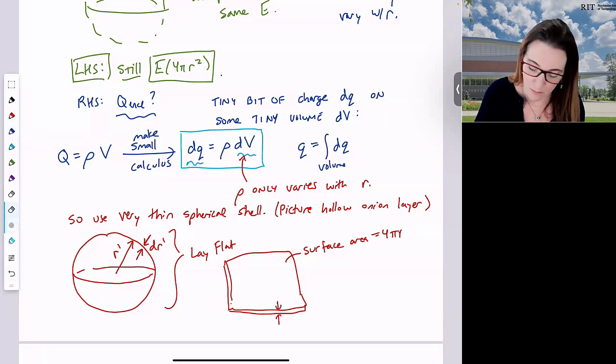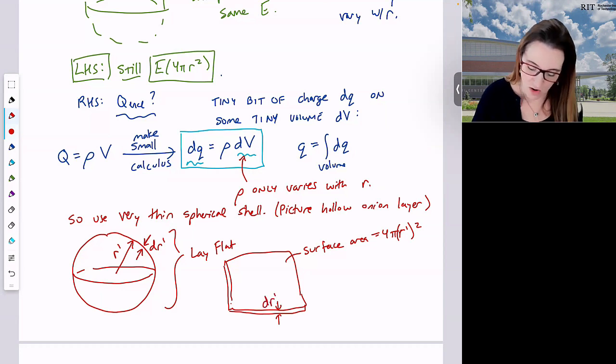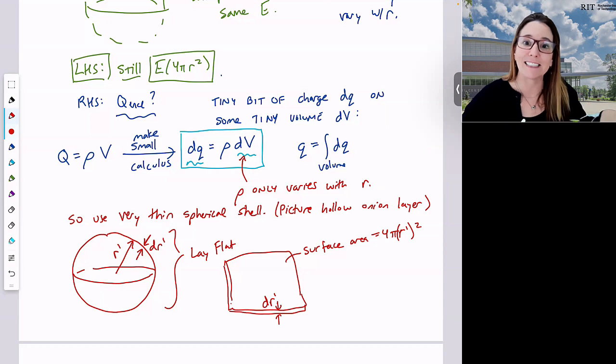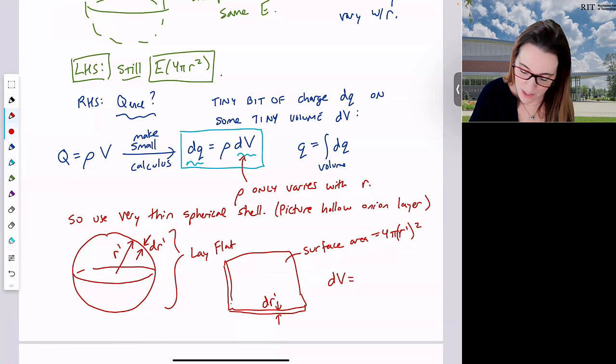Let me write that a little more neatly with some parentheses so we can keep our r prime straight and it doesn't look like r to the 12th. So that's basically my flat onion layer made into this rectangle. And so the tiny volume of this onion layer is equal to the surface area, 4 pi r squared, times dr.